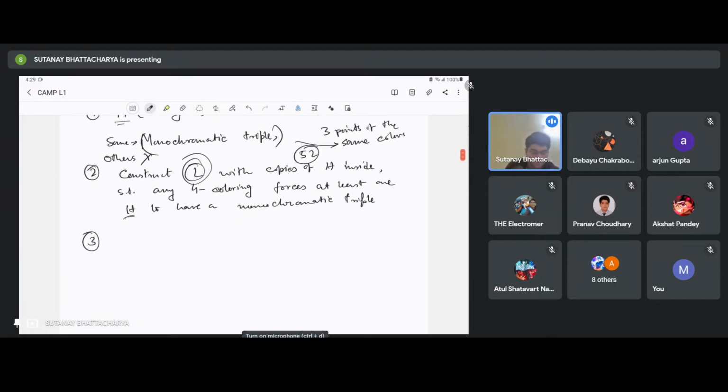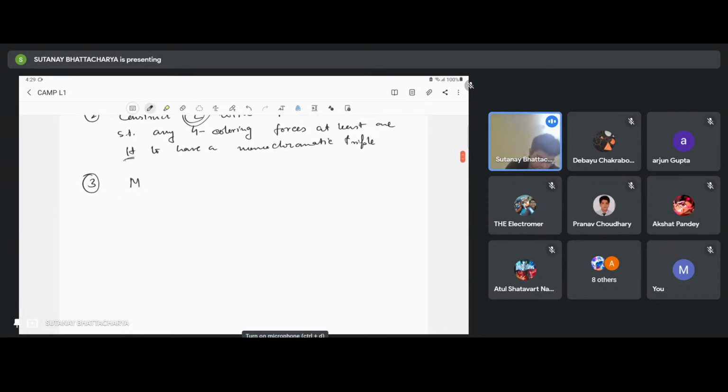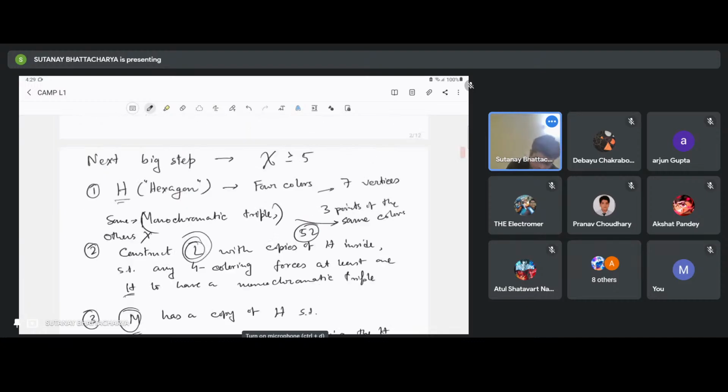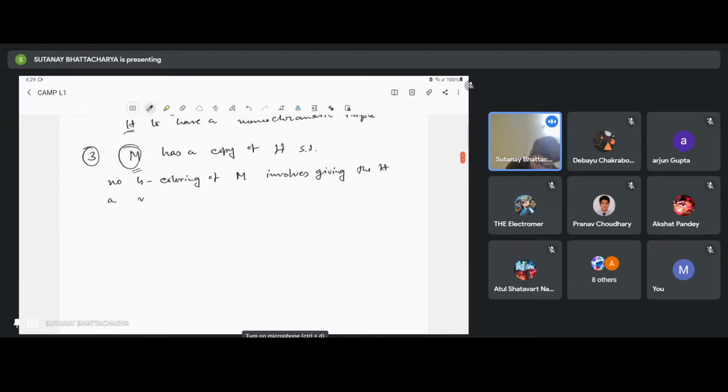And the third step will be we construct a huge graph M that has a copy of H inside it, so that no four coloring of M involves giving the H a monochromatic triple.